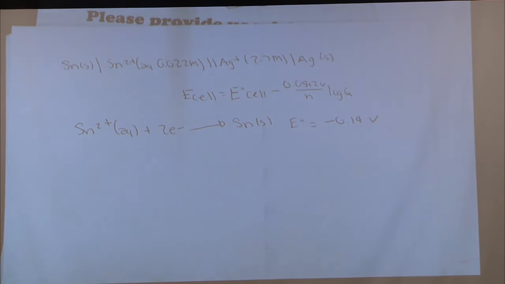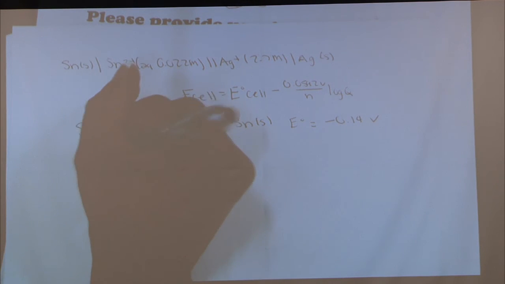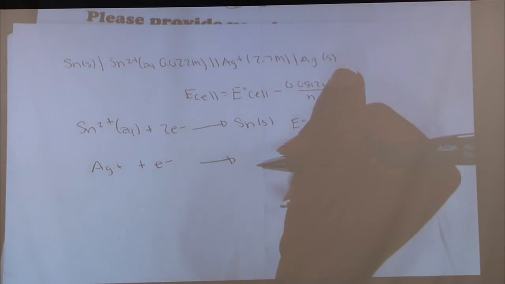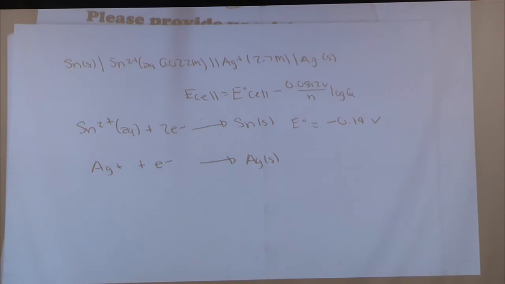And then we're going to look for silver. And so you have Ag+ plus an electron yields Ag solid. Okay, what else can we find out from the cell notation?